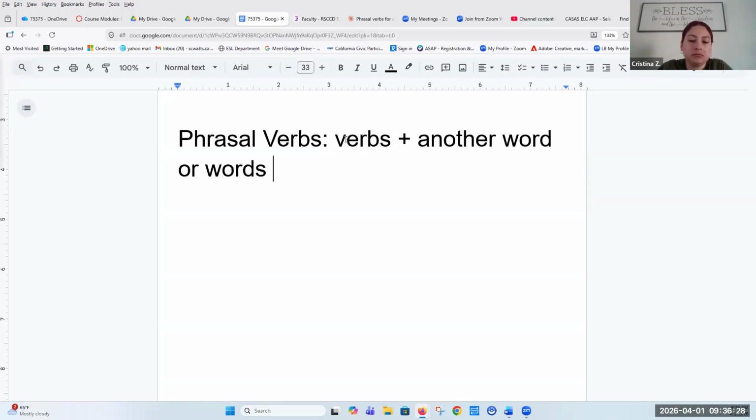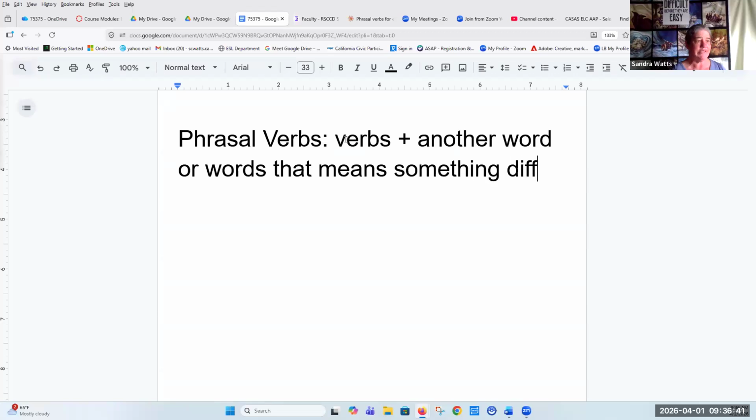Here's the important part, this is the reason I do this separately. That means something different than only the verb.